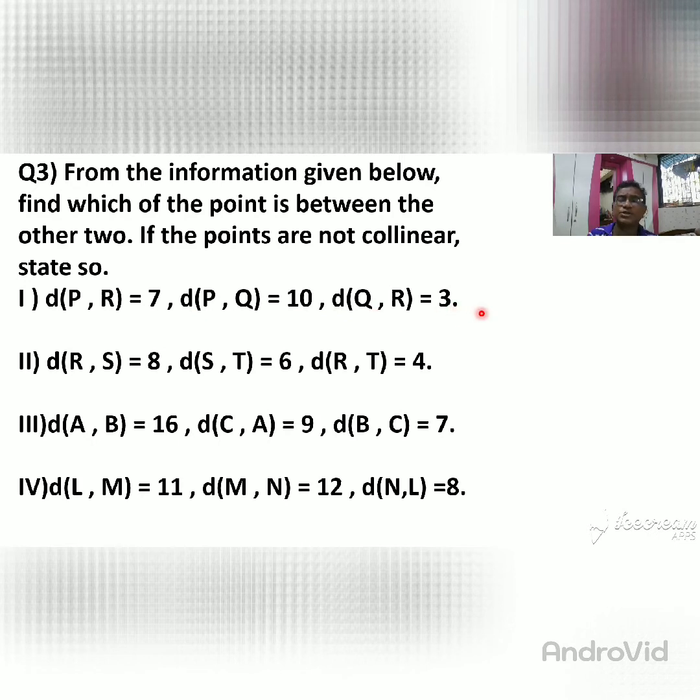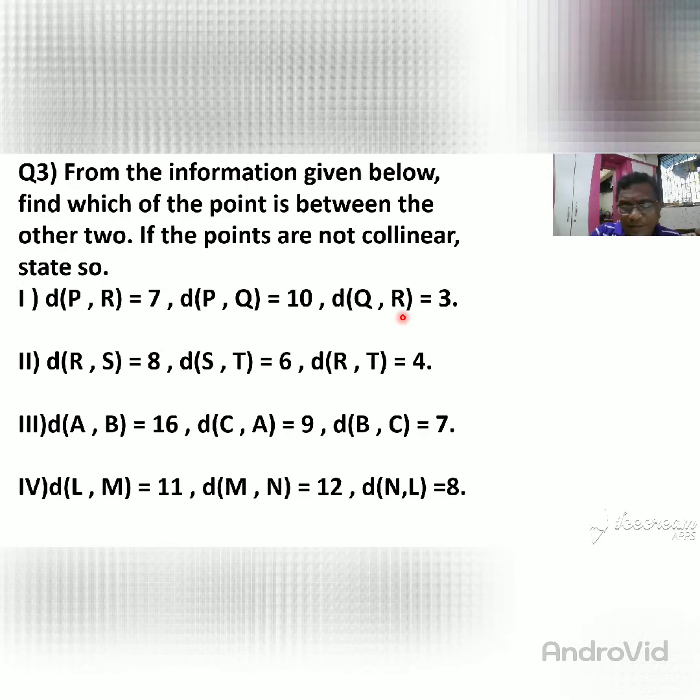In these 3 distances, which is the greater distance?